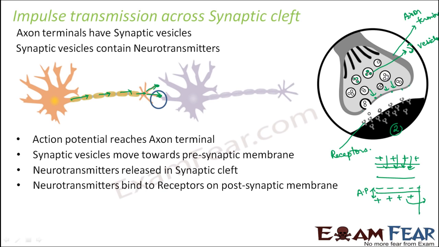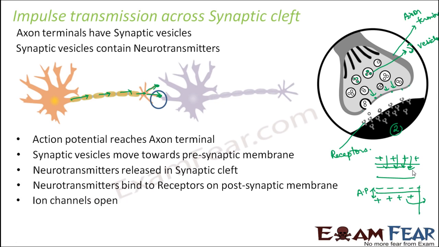Synaptic vesicles are very important for propagating nerve impulses between neurons. These neurotransmitters are constantly secreted by the cell because you need them all the time. So this is how the impulse transmission will take place between various neurons.